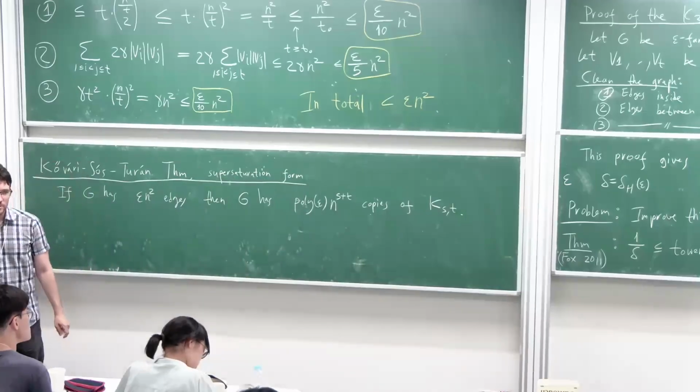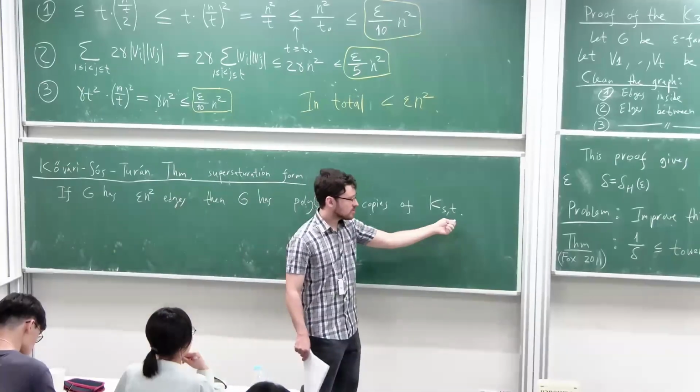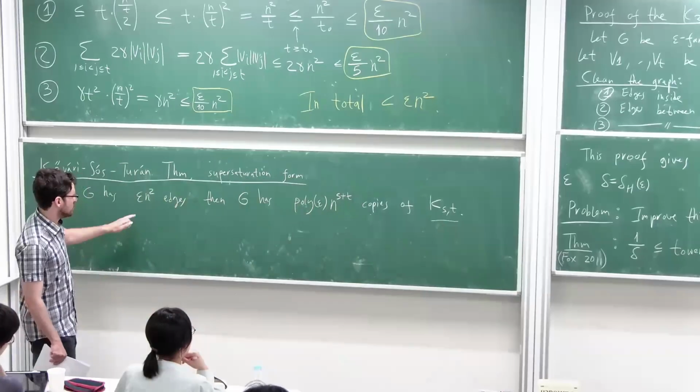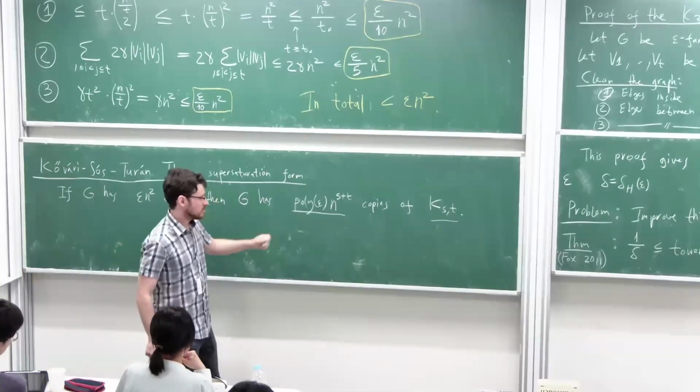You might have seen the theorem saying that if G has sufficiently many edges, then it has one copy of K. In fact, the same proof gives you that if you have epsilon n squared edges, then you have this number.